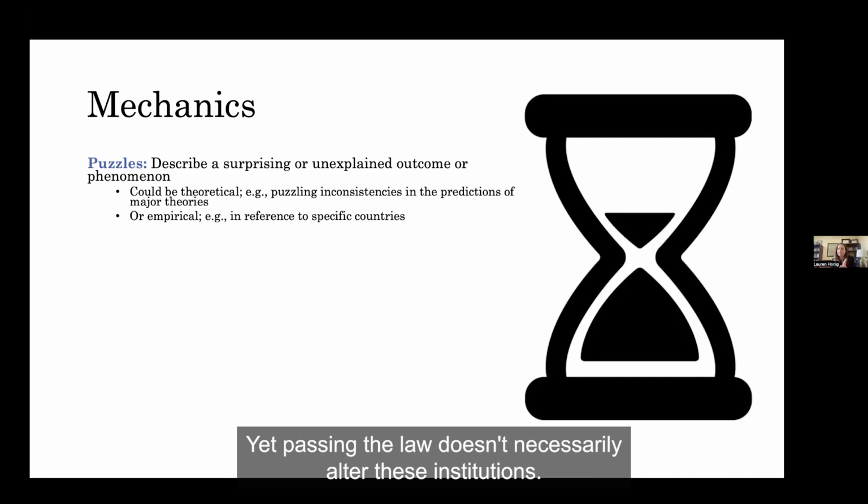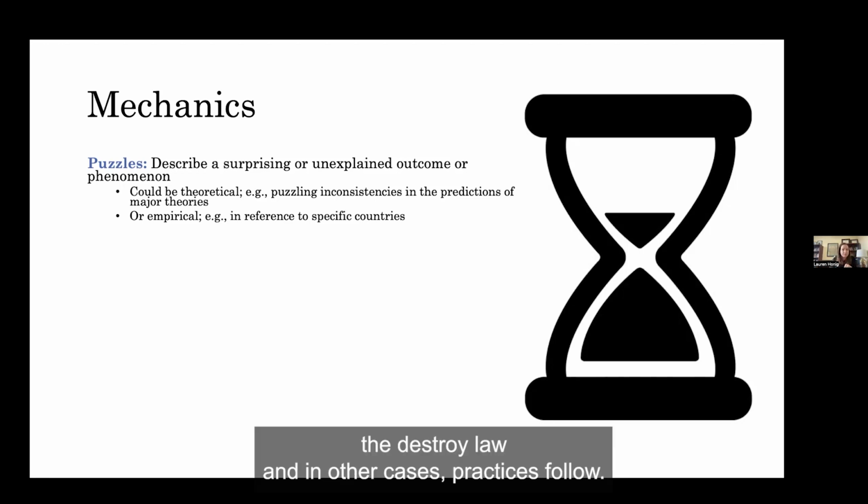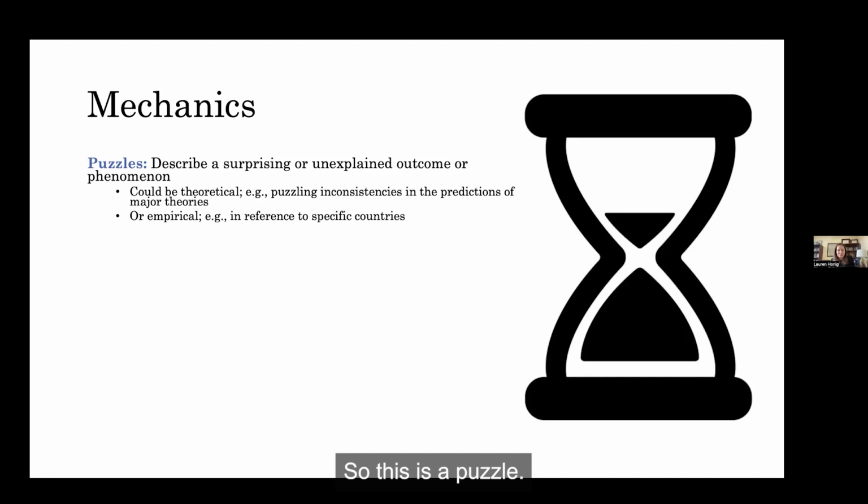Yet, passing the law doesn't necessarily alter these institutions. In some cases, actual practices match the de jure law, and in other cases, practices follow historically rooted rules that are at odds with state law. So this is a puzzle. Why in some cases is it followed, and in some cases it isn't?